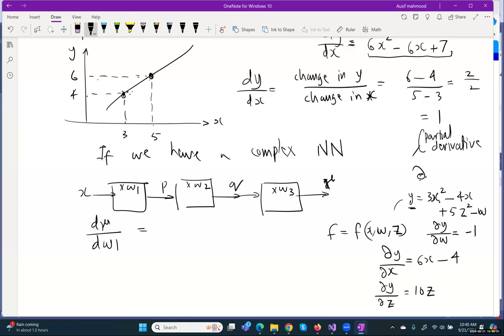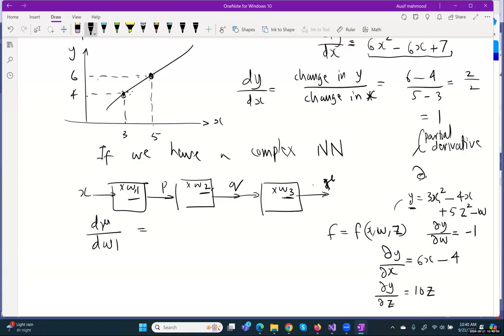So when we create neural networks, think of W1, W2, W3 as 3 variables, just like I had x, w, and z. We are interested in how the output is changing with respect to W1, how the output is changing with respect to W2, and so on.